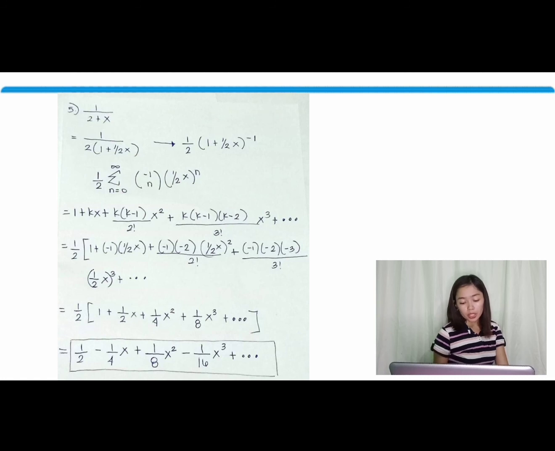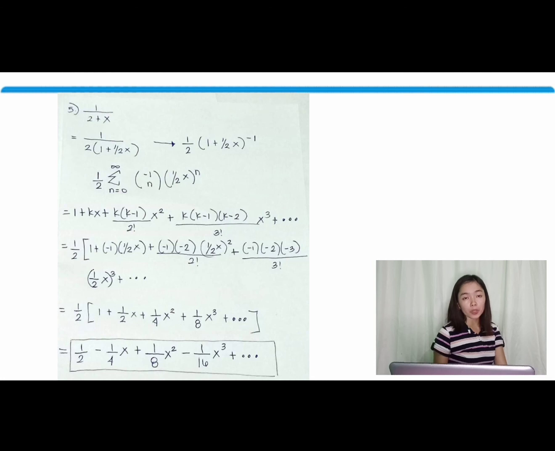So we have here, copying again the 1/2, multiplied by 1 minus 1/2 x plus 1/4 x squared minus 1 over 8 x cubed plus dot dot dot.